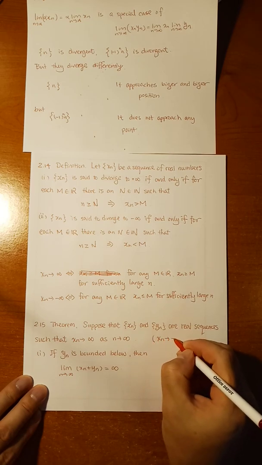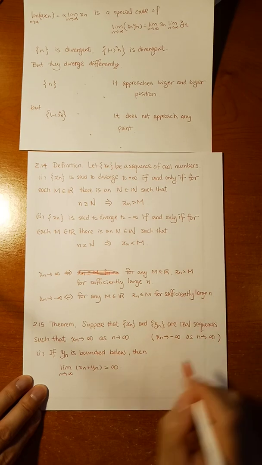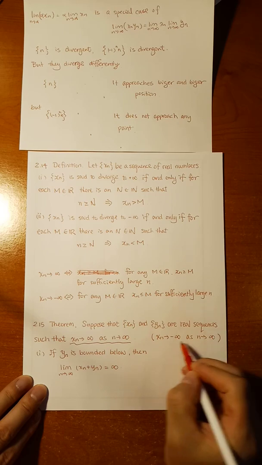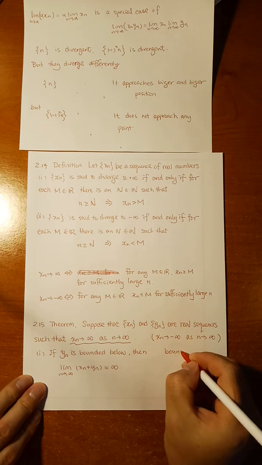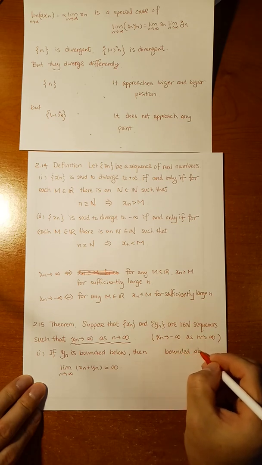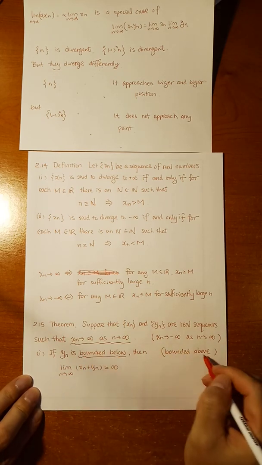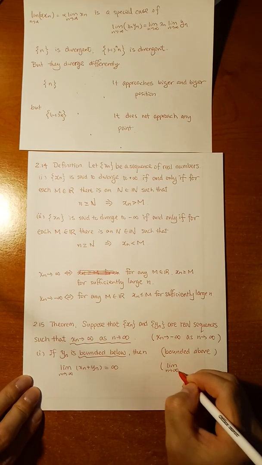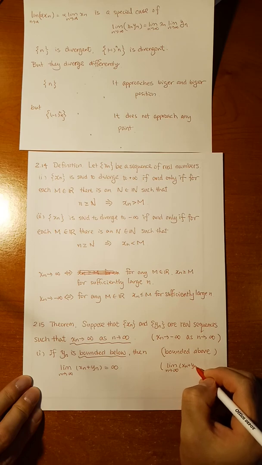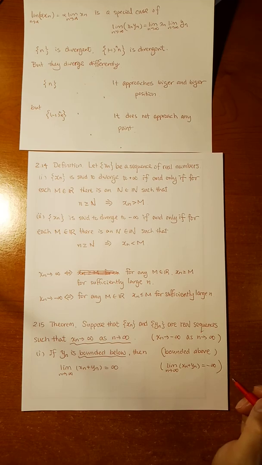If instead you assume xn approaches negative infinity as n approaches infinity, then bounded below should be replaced by bounded above, and the conclusion is replaced by xn plus yn is negative infinity. It does not change the negative limit.